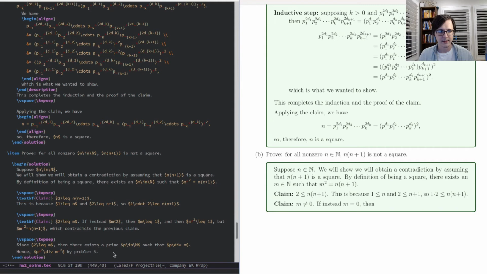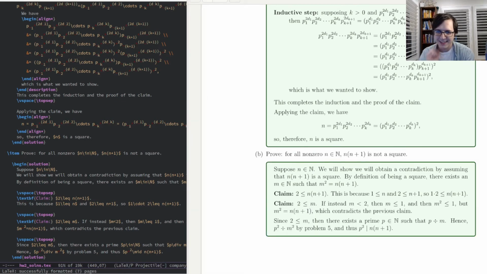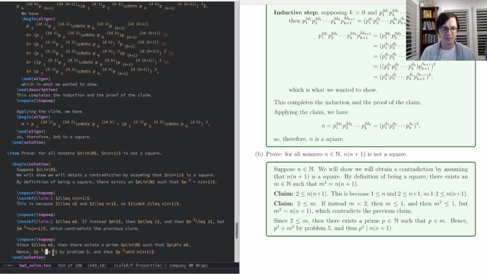Okay. And thus, p squared divides n times n plus 1. Where is this going? What am I doing? Oops, I didn't mean div, I meant mid.